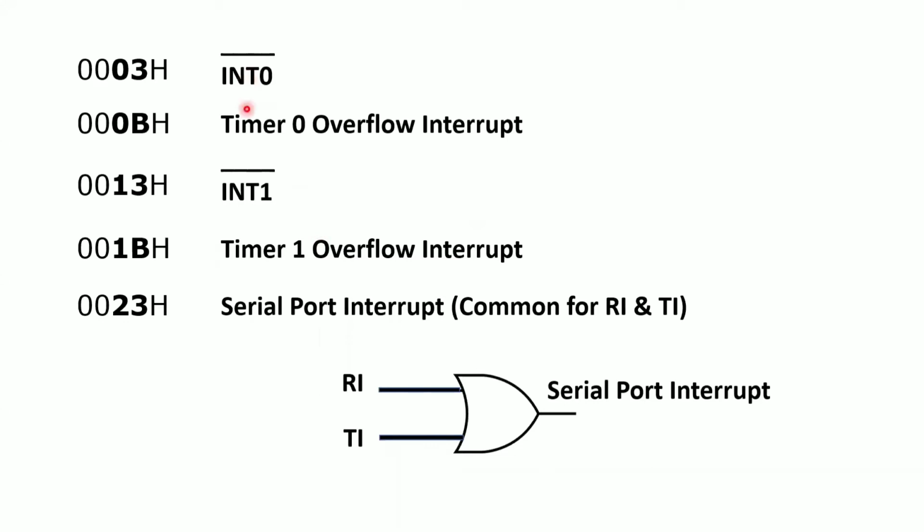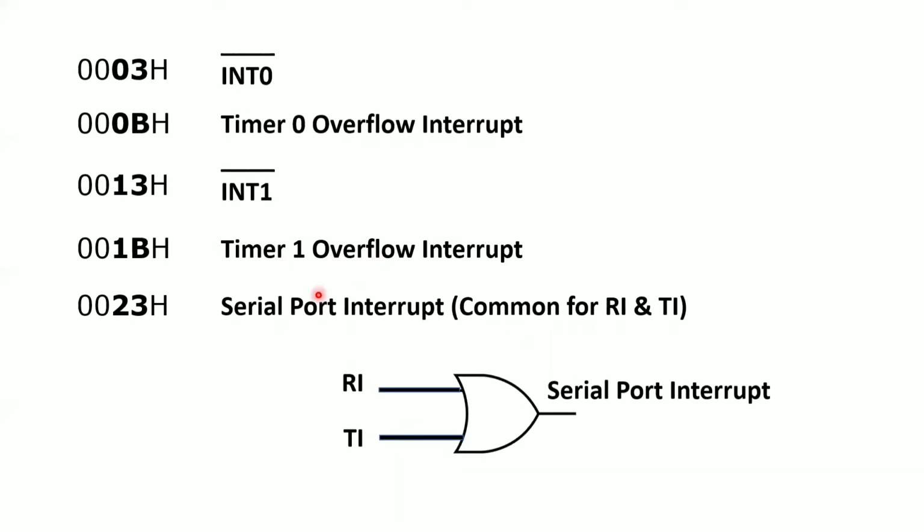So if you take the 5 interrupts, each and every interrupt has an address. And you may ask me a question: sir, why can't you write INT0, INT1 and the others side by side or sequentially? Why have you written INT0 there and INT1 there, the timer 0 overflow interrupt there and the timer 1 overflow interrupt there?